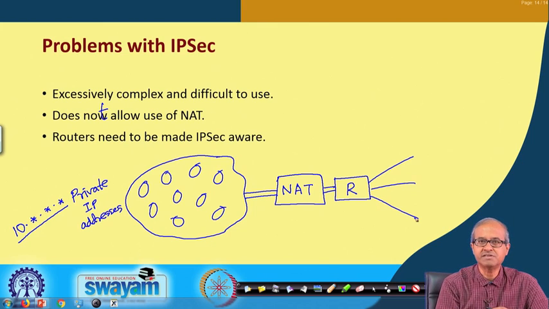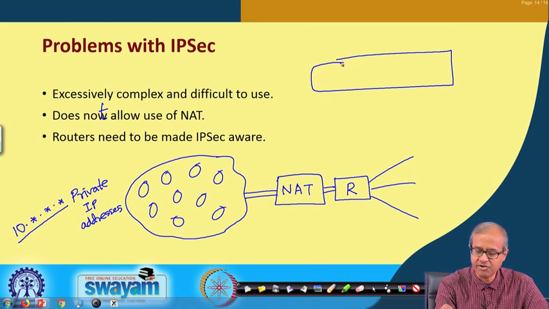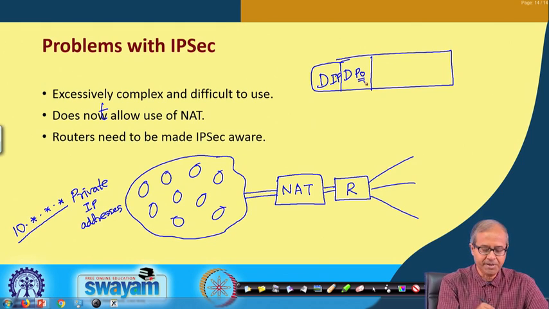So, what does the network address translator do? It translates a packet, because a packet contains what? I am not talking about the source, let us talk about the destination: the destination IP address, and there is a destination port number. Now, IP addresses are private.